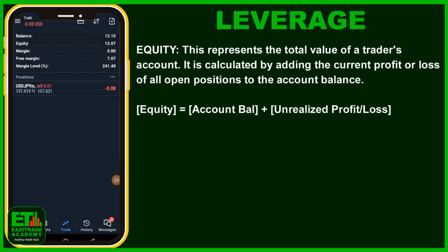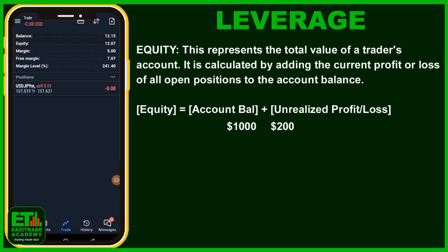So, for example, if your account balance is $1,000 and you have an open position that is currently $200 in profit, your equity would be $1,200.